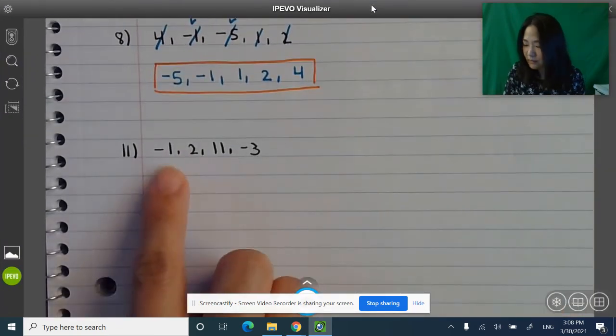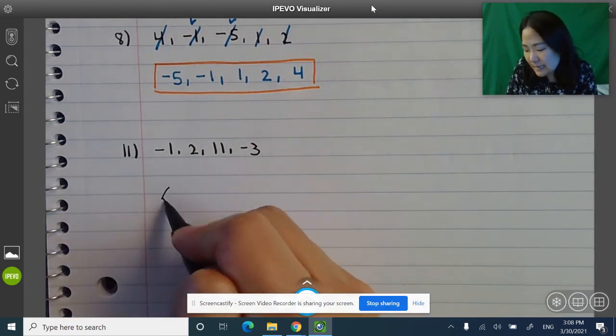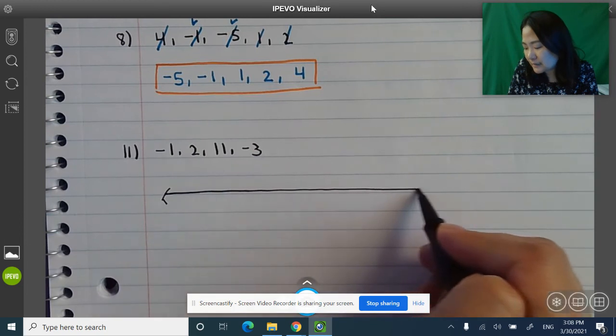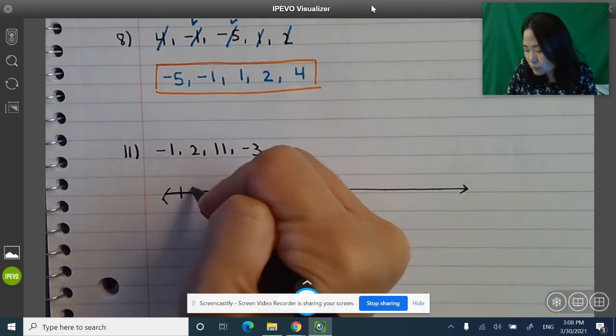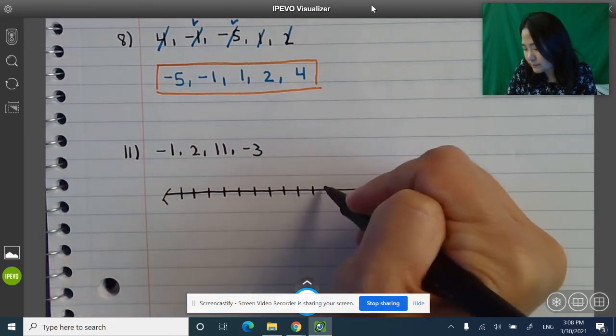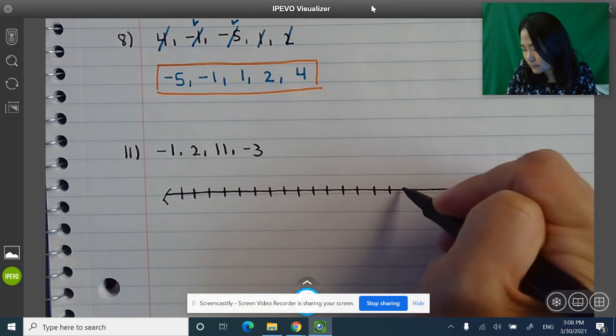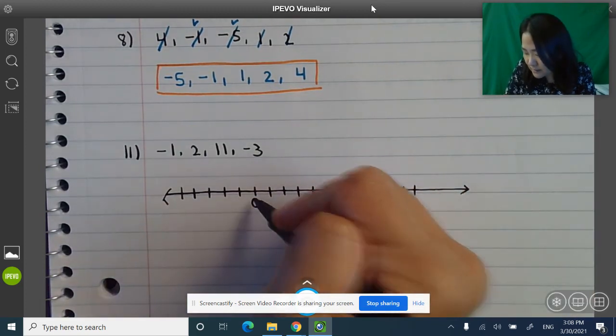Okay, so let's take a look right here. So these are the 4 numbers. Let's say I have a number line, and I'm going to make a number line. I'm going to start from 0. I'm going to put it right about here.